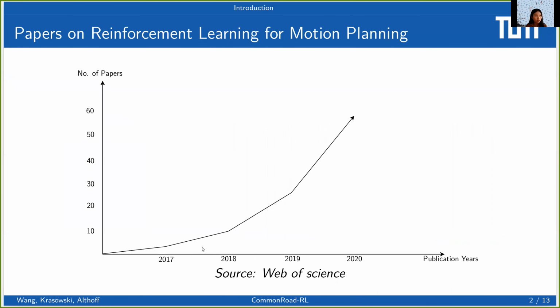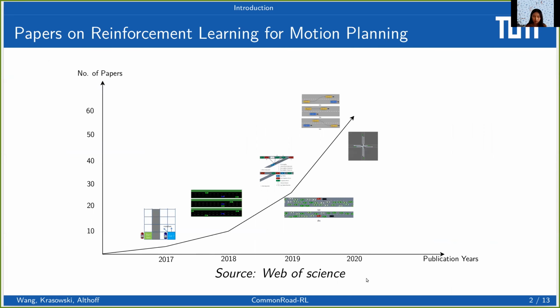As a motivation, we show here how quickly the number of papers on reinforcement learning for motion planning grows with time. This is the result on Web of Science.